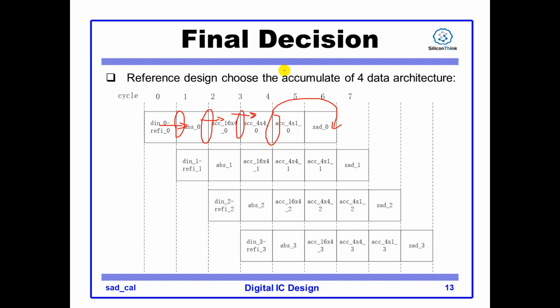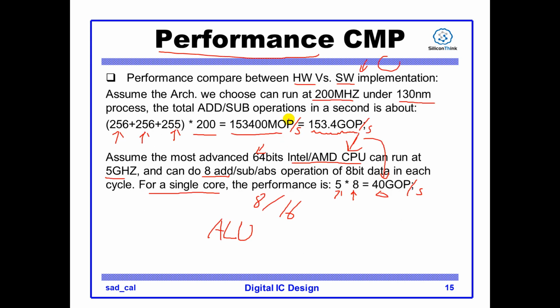So we call this data flow computing, and we can put many operations in a single cycle. So that's why the ASIC implementation can outperform the most advanced CPUs. Even though we usually run at lower clock frequency, the performance is much better. Well, we can't laugh at the CPUs.